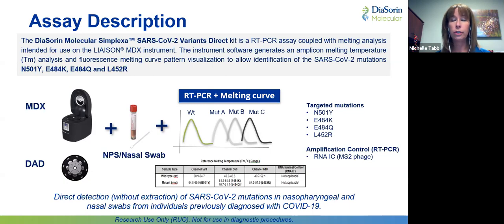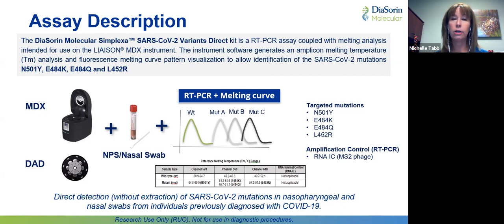So we have chosen to detect 4 different mutations in the spike gene, and those lead to amino acid changes that are N501Y, E484K, E484Q, and L452R that are associated with potential variants of interest and variants of concern. And so the basic workflow is shown there in the bottom of the slide.